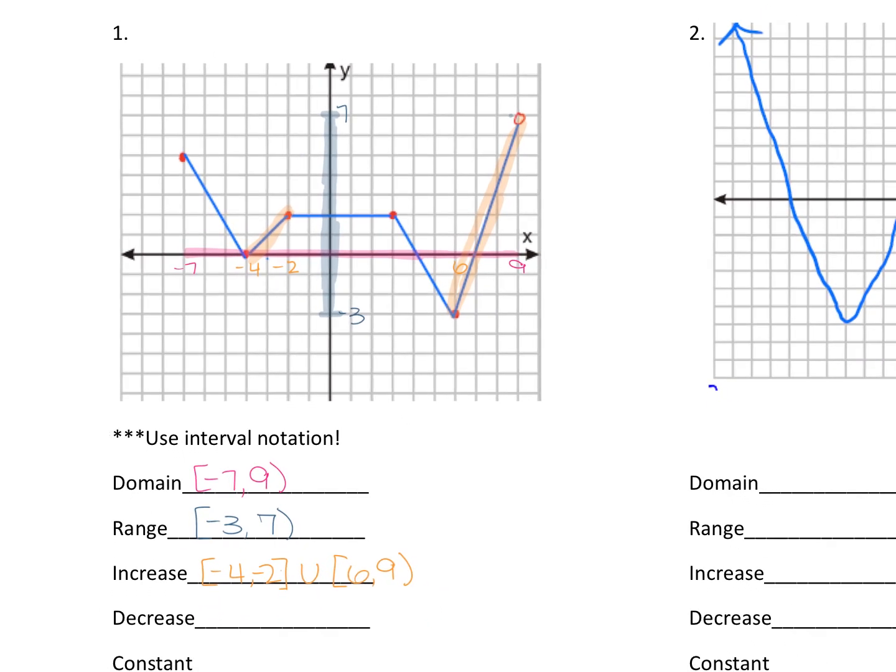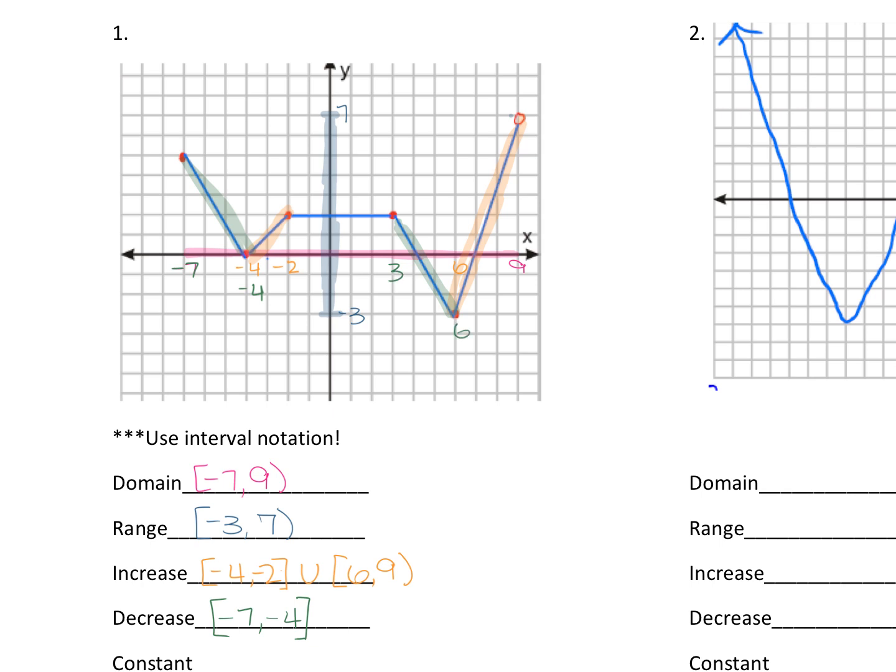For your decrease, that's where the line goes down from left to right. So that's here and here. Again, you're taking the x values of those. So we have that -7 to -4. Those both have closed circles, so we put brackets around them. Then we have from 3 to 6.